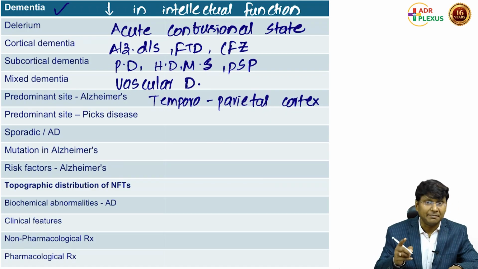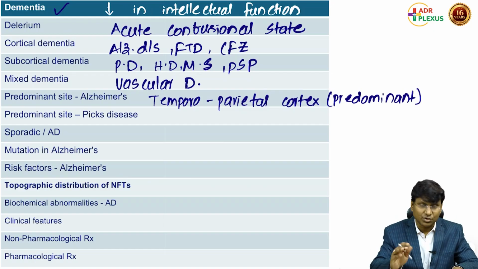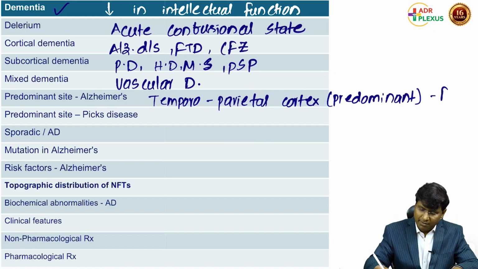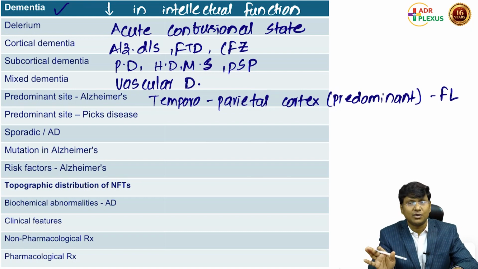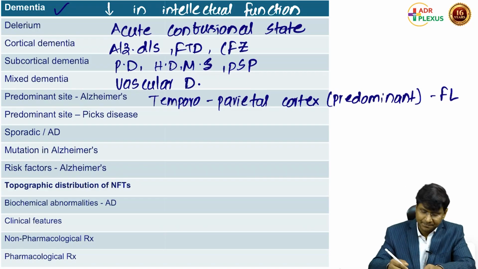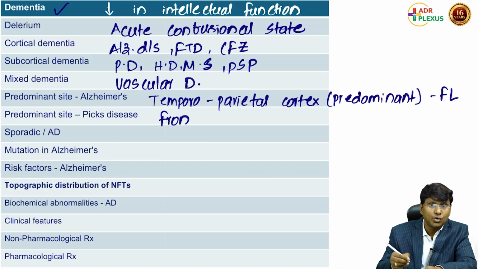So it is the temporoparietal cortex predominantly affected in case of the Alzheimer's disease. Okay, frontal lobe may also be involved, but predominantly it is the temporoparietal cortex. Whereas in case of Pick's disease, which is called frontotemporal dementia, the part of the cortex which is affected is frontotemporal cortex.